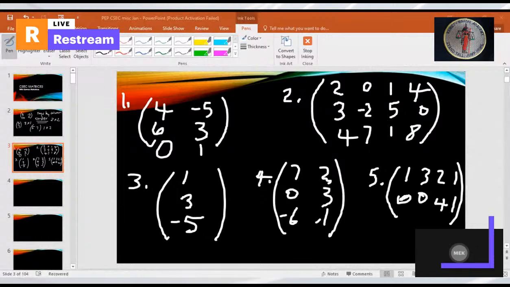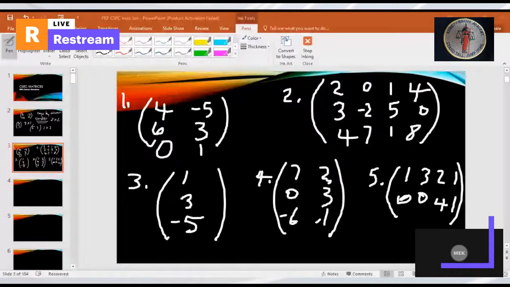So the 4 and the -5, that's one row. The 6 and the 3, that's one row. The 0 and the 1, that's one row. So it's three rows. In terms of the columns, the 4, 6, 0 are in one column. The -5, 3, and 1 are in another column. So that's 2 columns. So for number 1, it's a 3 by 2 matrix. 3 rows, 2 columns.